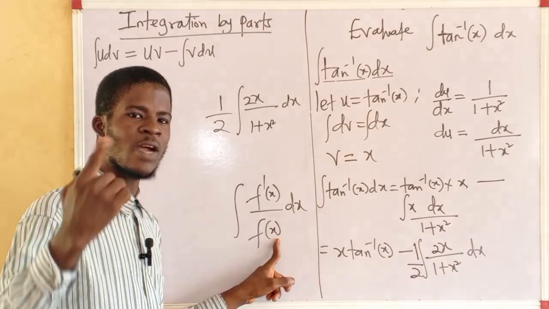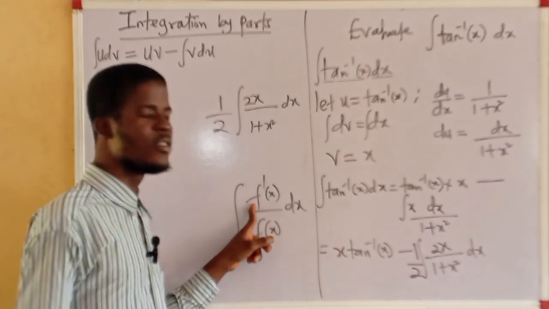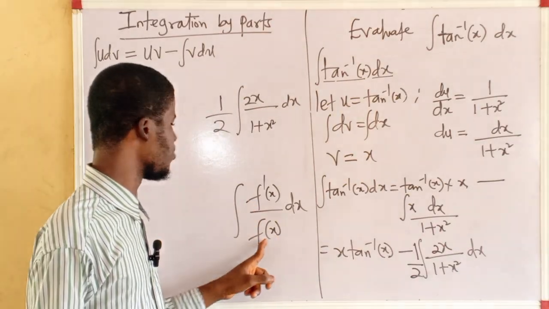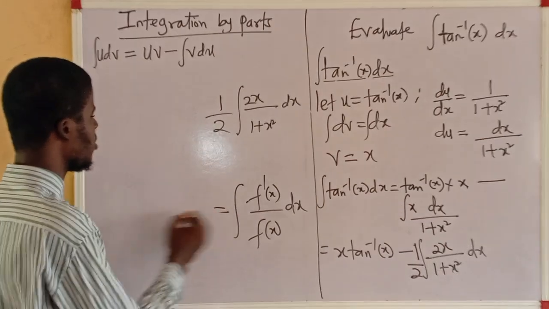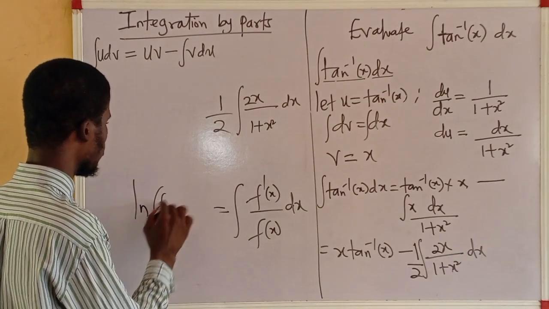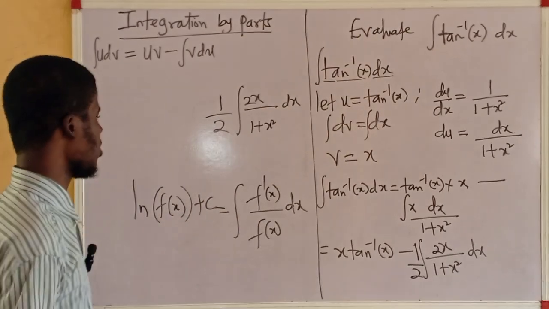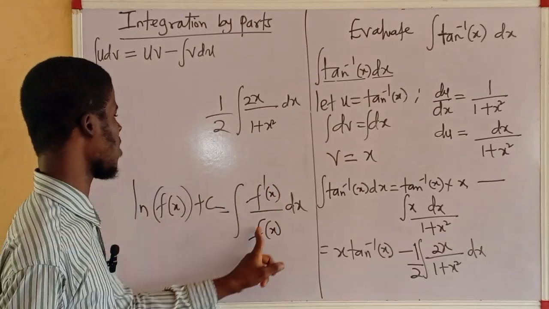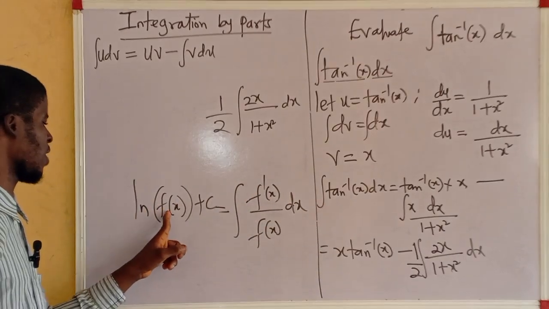So if I'm taking the integral of a function where the numerator is the derivative of the denominator, the integral is simply the natural logarithm of the function at the bottom, f of x. So integrate f prime of x over f of x dx to obtain ln of f of x plus c.